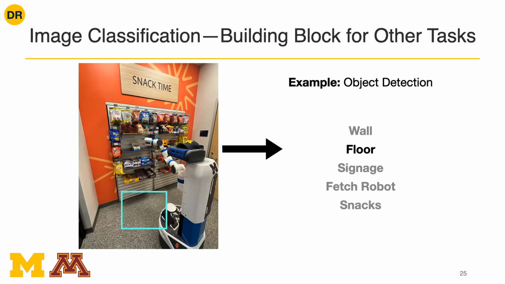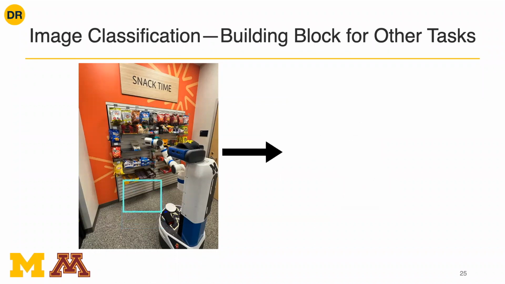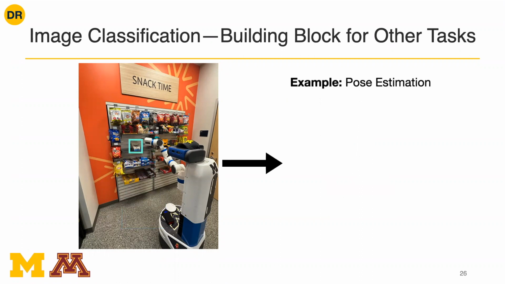We were asking what is in the image earlier, and now we are asking where it is in the image. The next block is this: let's say we figured out where the pretzel food bag is, and we want the robot to grasp it. To get there, we need an additional perceptual task, which we call pose estimation.